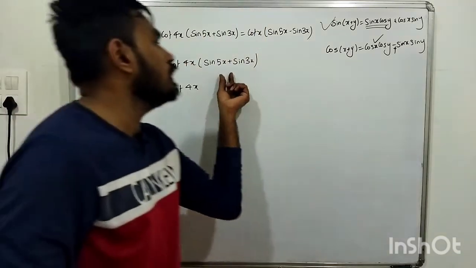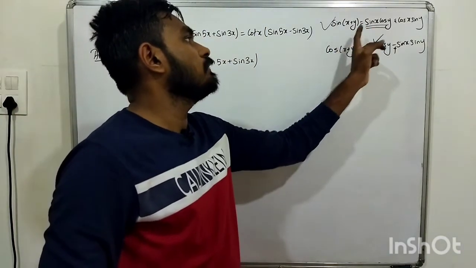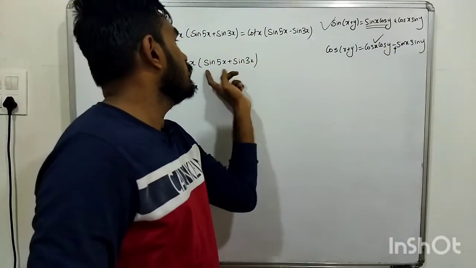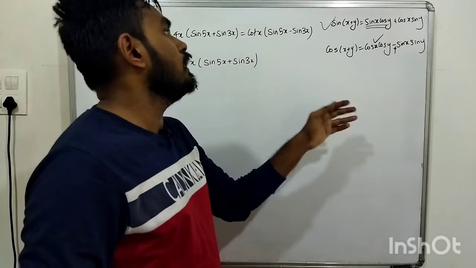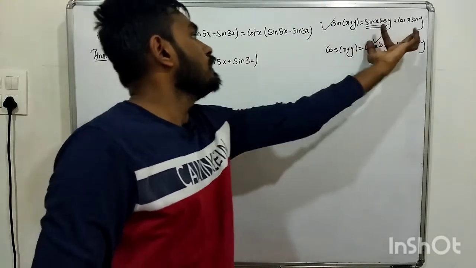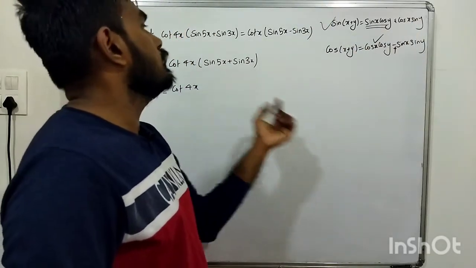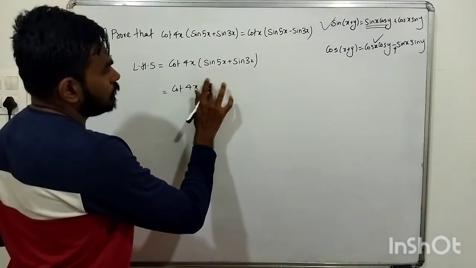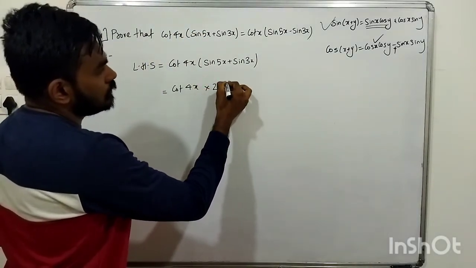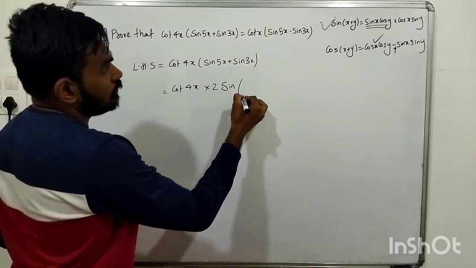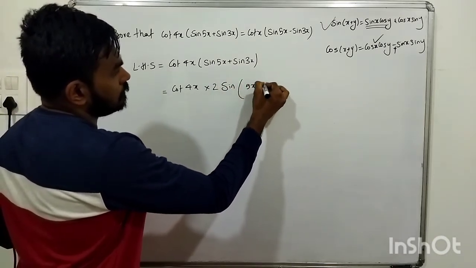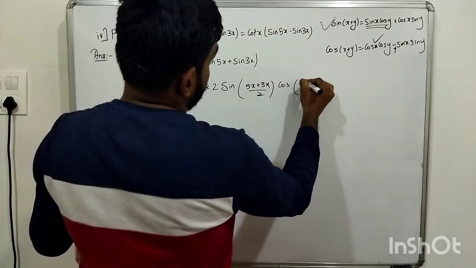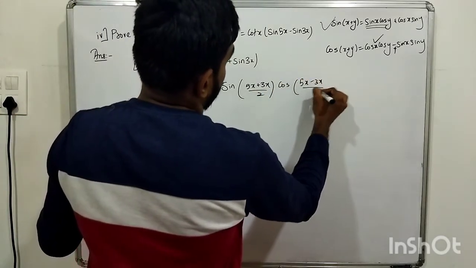Since plus is there, I'll take this formula, sin x plus sin y. Since these are sin and there is a plus here, I'm taking this one: 2 sin((5x+3x)/2) into cos((5x-3x)/2).